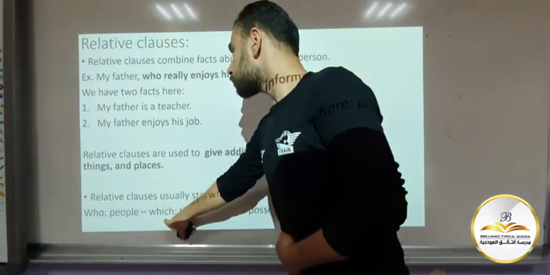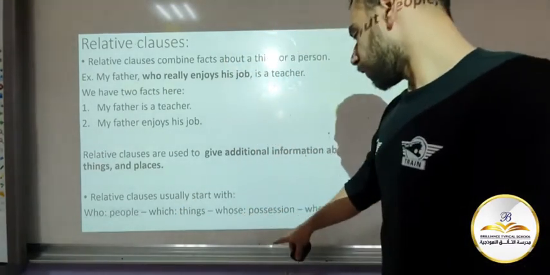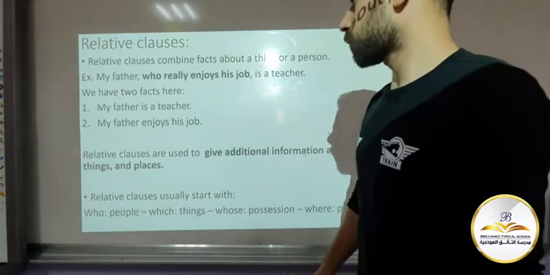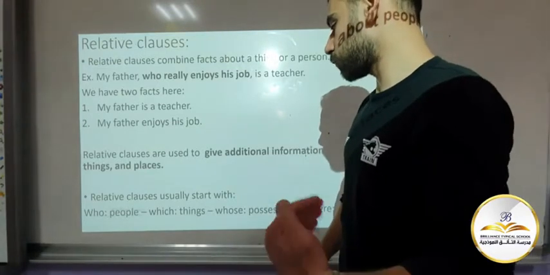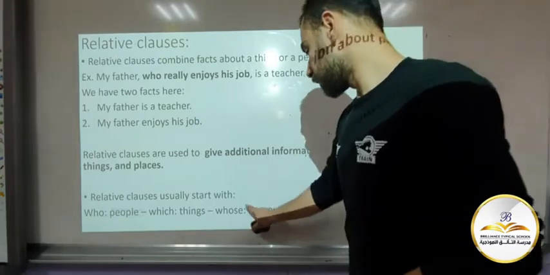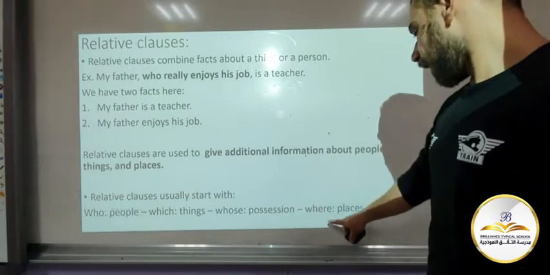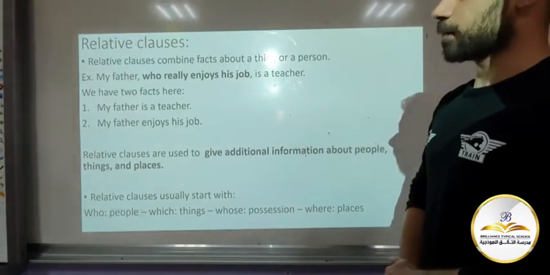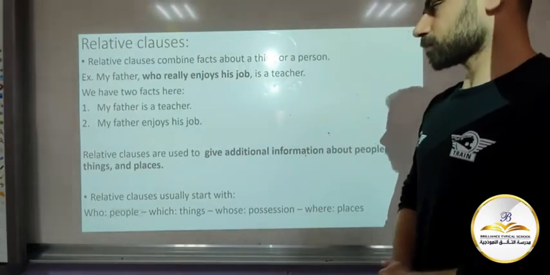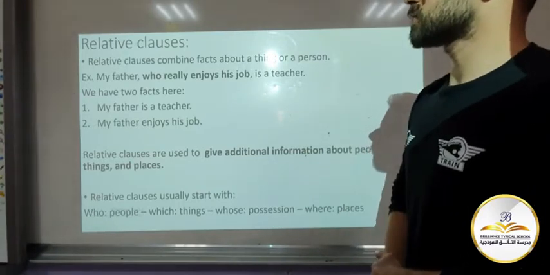Which, use which for things. And we use whose, like when we talk about Aisha. You remember what we said? We said Aisha, whose father is a pilot. So we use whose for possession, and then we use where to talk about places. Okay, so these are relative clauses in general.